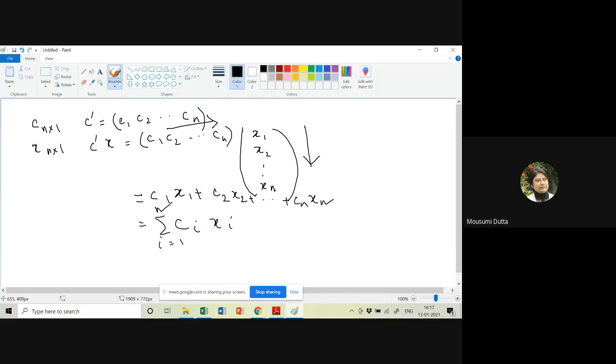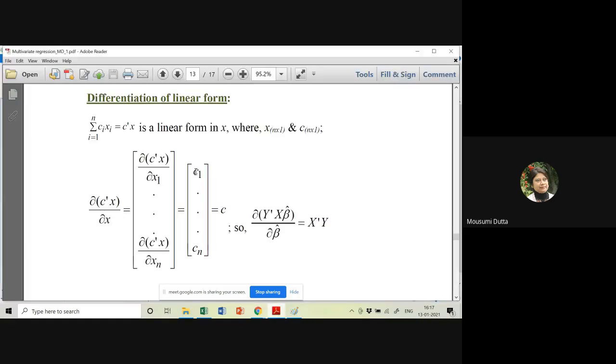One by one, I am taking derivative with respect to x1, x2, xn. So vector wise, I'll get back C1, C2 up to Cn, the entire C vector.